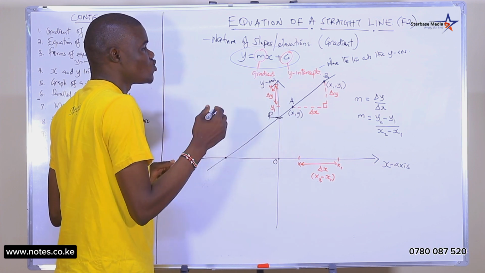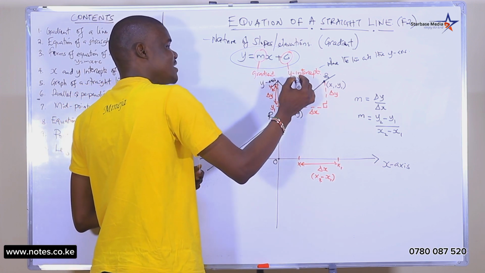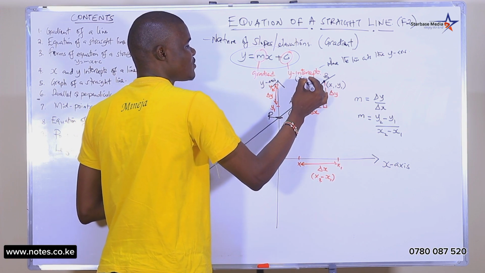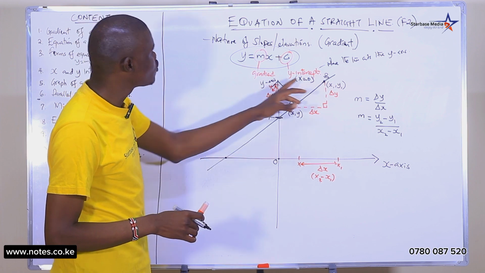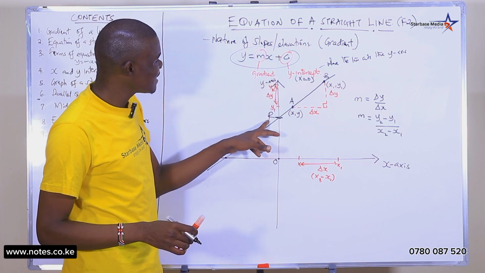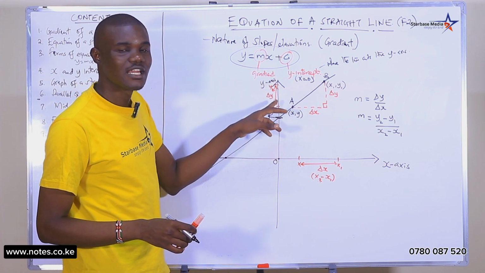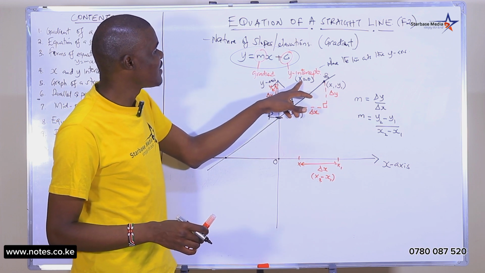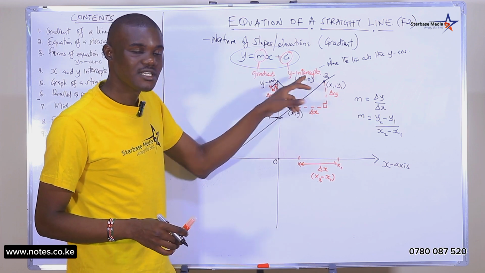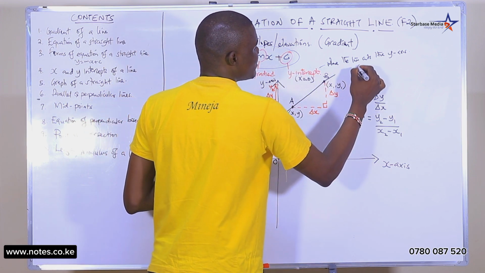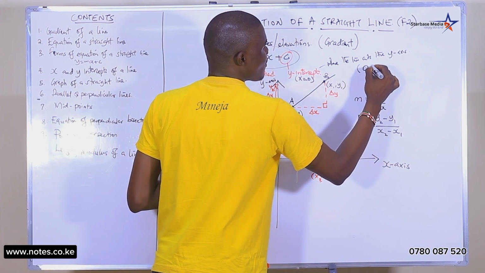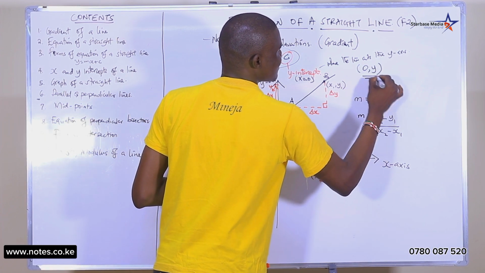What is important to know is that at the y-intercept, the value of x is normally 0. So that is very important to know. Provided you've been told that this point is the y-intercept, automatically you should know that the value of x at that point is 0. Therefore, when you are giving your answer for the y-intercept, it should be (0, the y value indicated there).